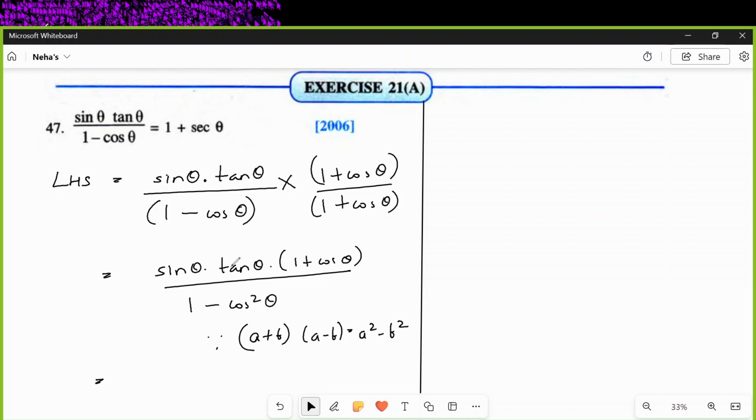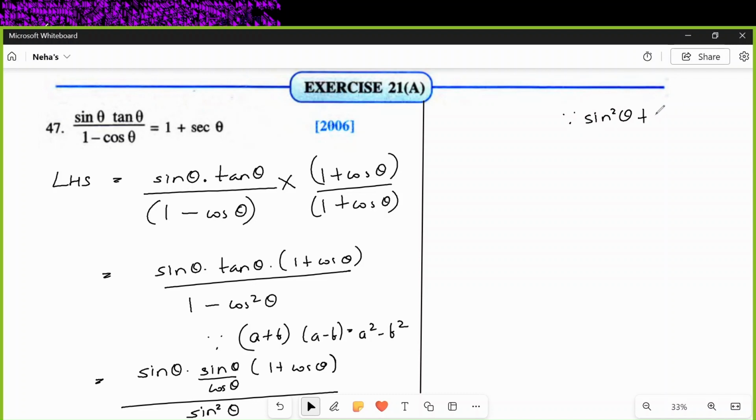Now tan theta here can be written as sin theta upon cos theta into 1 plus cos theta divided by 1 minus cos square theta, which can be written as sin square theta by the trigonometric identity, since sin square theta plus cos square theta is equal to 1. Therefore, 1 minus cos square theta is equal to sin square theta.